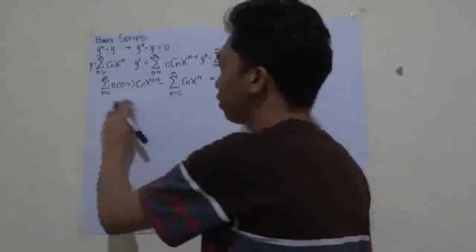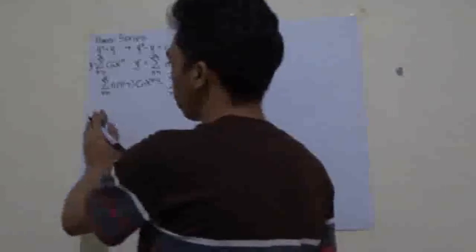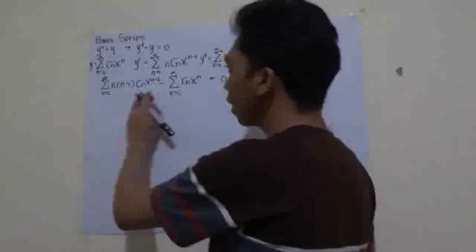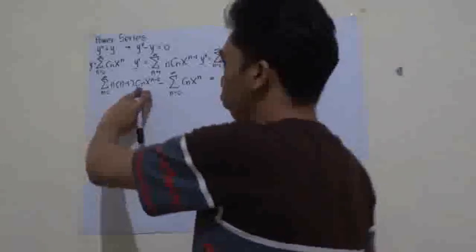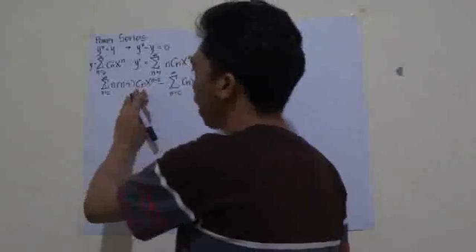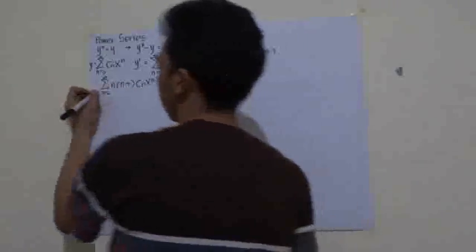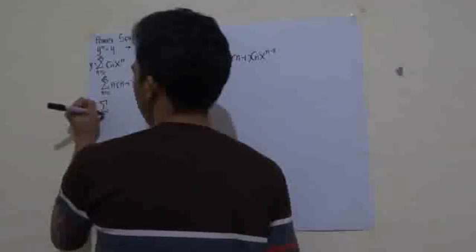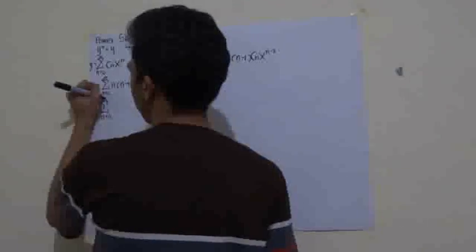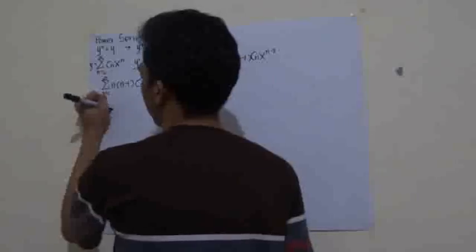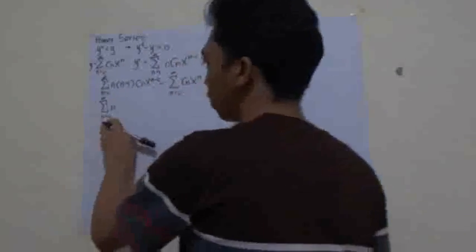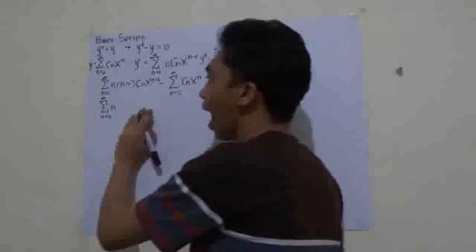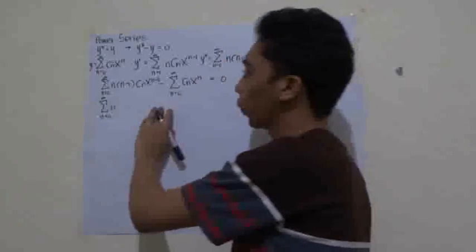So we will balance the y double prime equation by reducing our index to 0, as well as adding 2 to our equation. So we'll have the summation of n is equal to 0 to positive infinity, where, since we reduce 2 on our index, we will add 2 to our whole equation.